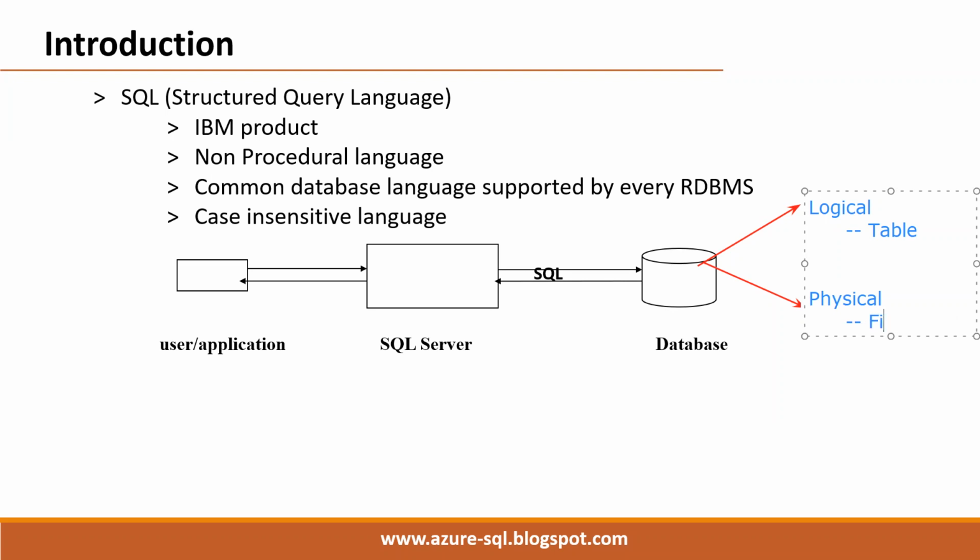Whereas physical level consists of files. Logically, a database is a collection of objects like tables, views, stored procedures, especially tables, where the actual data is present, and physically a collection of files.